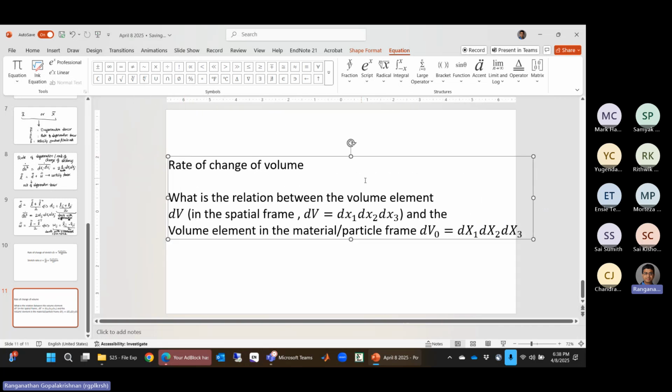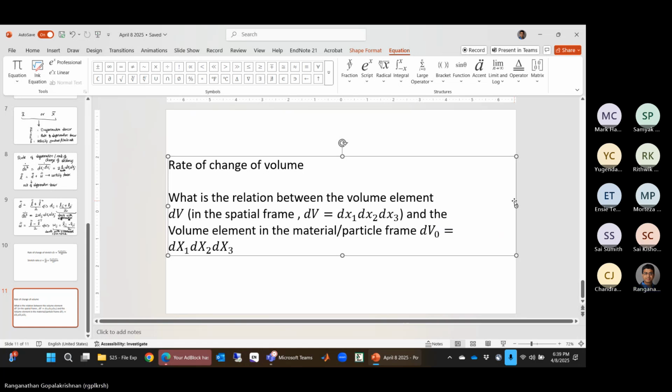We did this discussion maybe a few lectures ago. What factor or quantity relates the two volume elements? Can you recall? Is it just the deformation tensor?